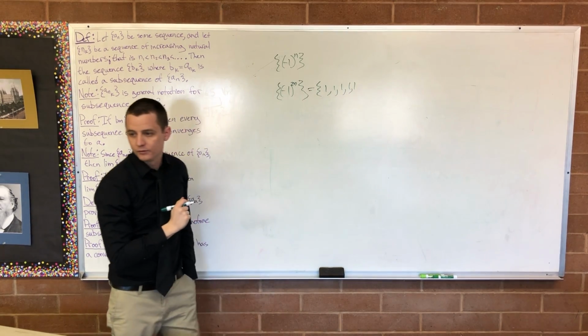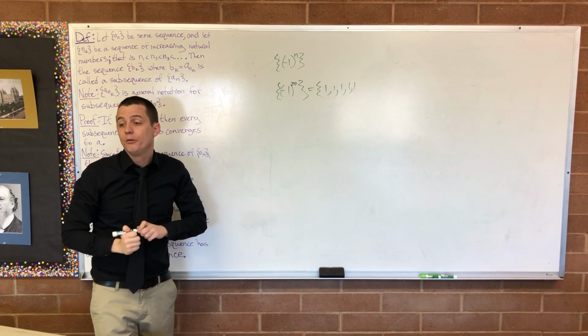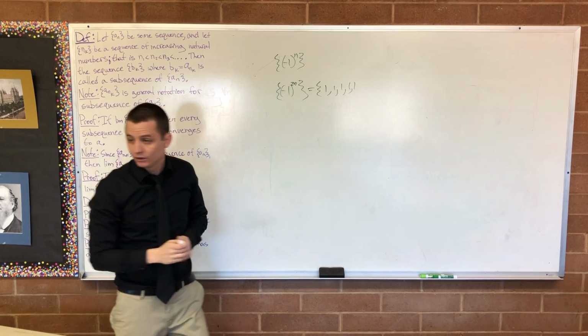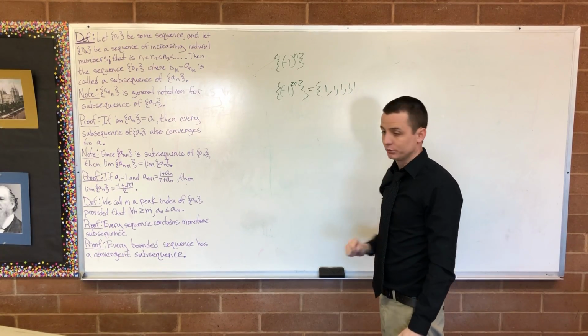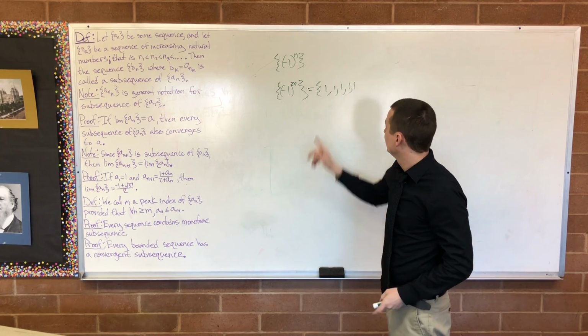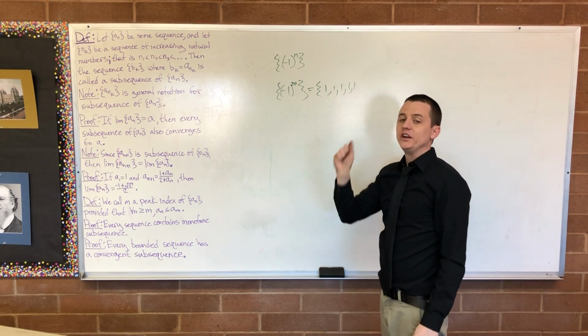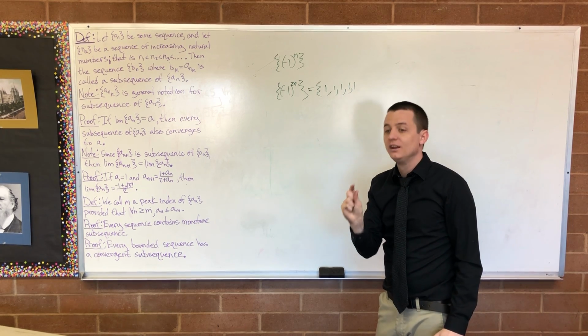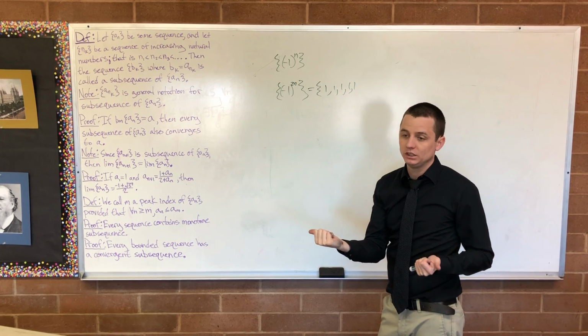What's the definition of monotone? A sequence is monotonically increasing if the next term is always greater than or equal to the previous term. A sequence is monotonically decreasing if the next term is always less than or equal to the previous term. A sequence is monotone if it is either monotonically increasing or monotonically decreasing.